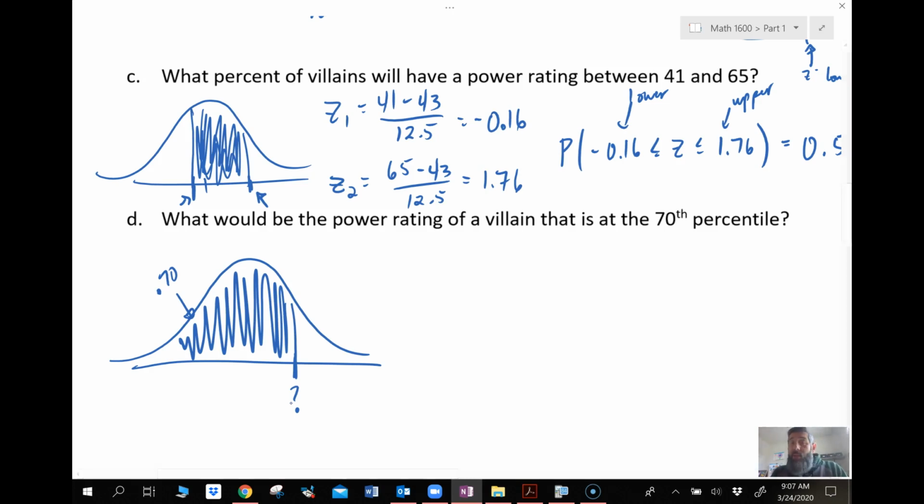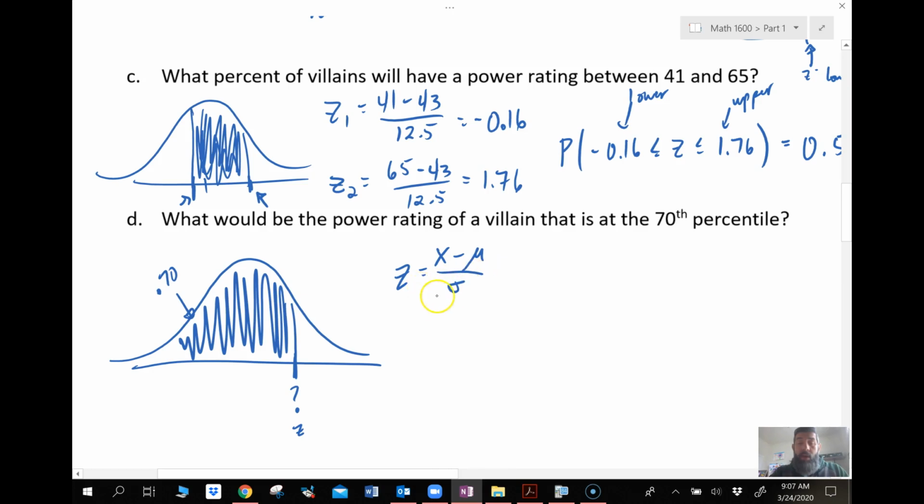So what I would like you to do is find a Z-score. Now you can do this straight away in the calculator, but if we first find the Z-score, we can determine what this value is in terms of the power rating. So we're going to take our formula for Z, which is x minus mu over sigma.